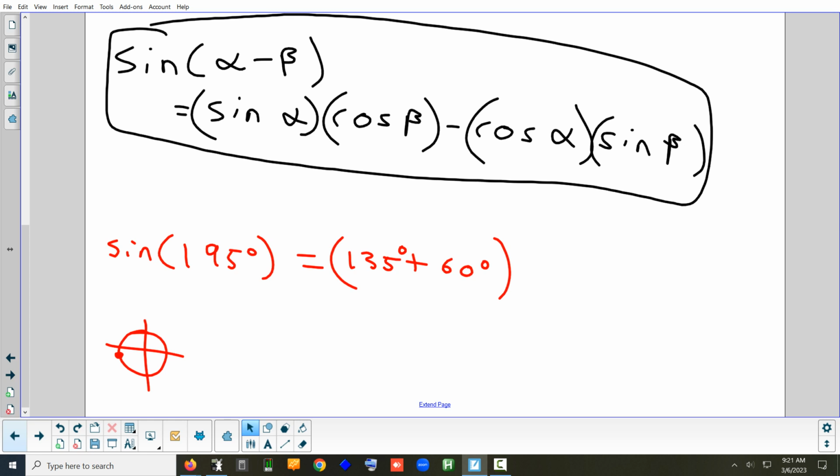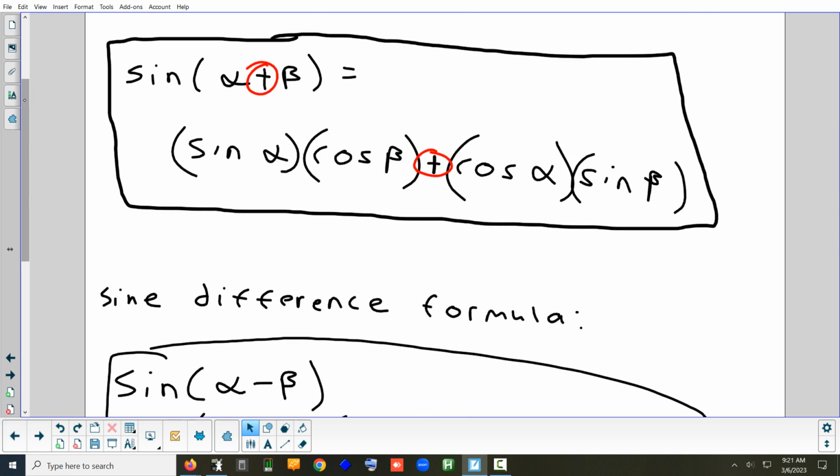And now let's write it all down. Sine, cosine, cosine, sine. The reason I switched the order of the sine and the cosine is so I could keep it first, second, first, second. I just like the angles to always be 1, 2, 1, 2. There are other ways; you can write it differently.